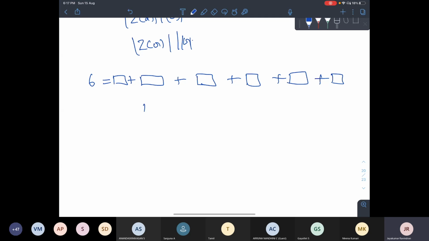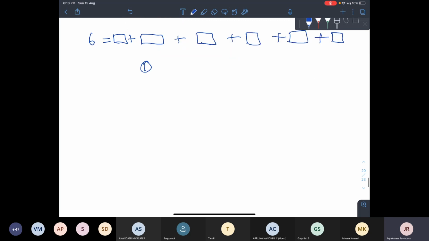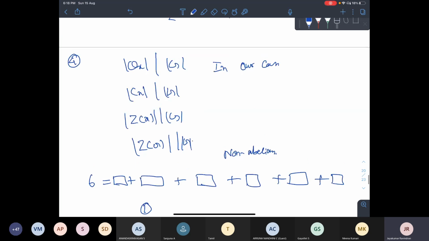But there is a first condition, and I only care about non-abelian, because abelian means the center is the whole group. So whenever 1, 1, 1, 1 is coming, it is abelian. I will tell you what I am trying to say.